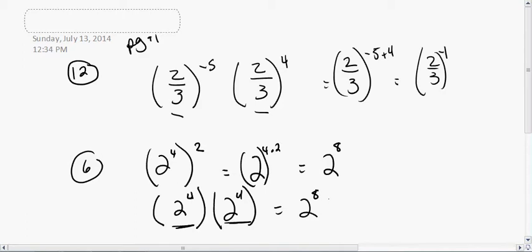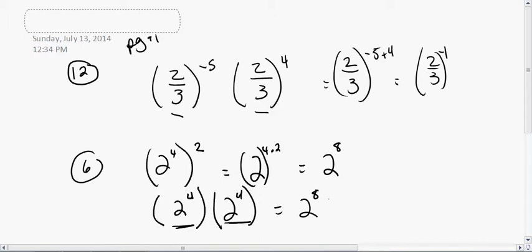Let's jump down and take a look at some of the problems 24 through 35 on that same page. It says simplify algebraic expressions, tell which properties of exponents you used. Let's start off with number 27.